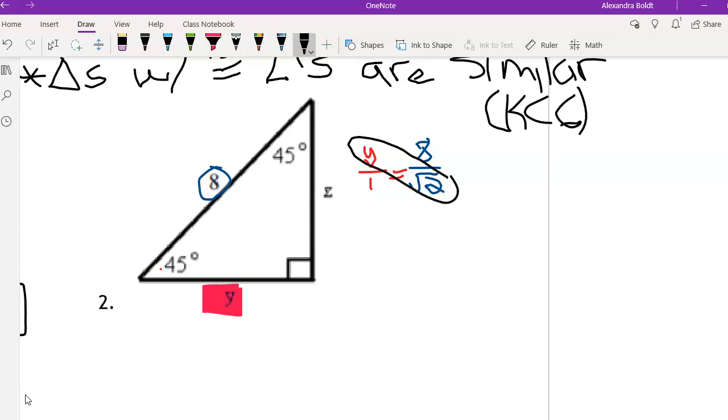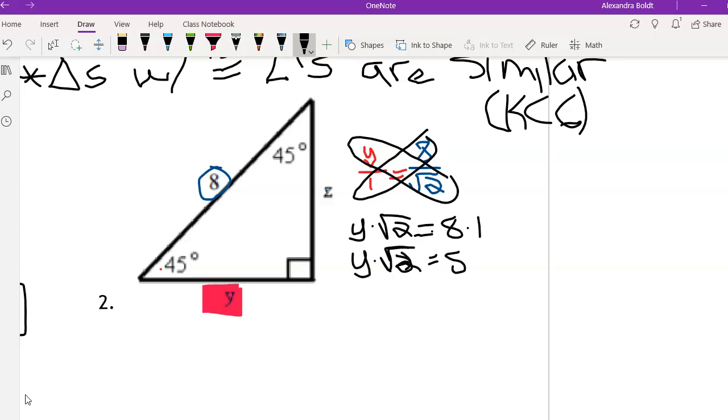So I have y times square root 2 equals 8 times 1. So y times square root 2 equals 8.